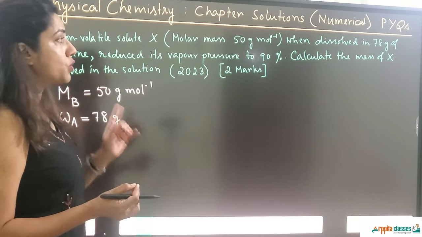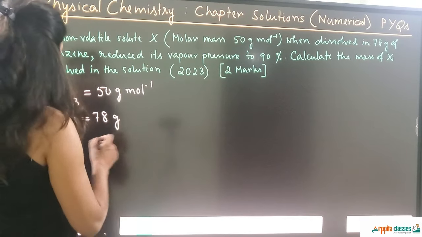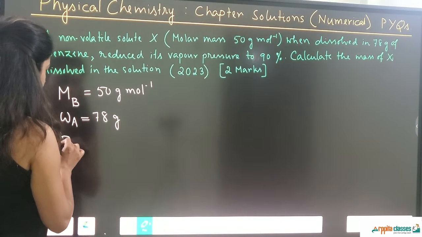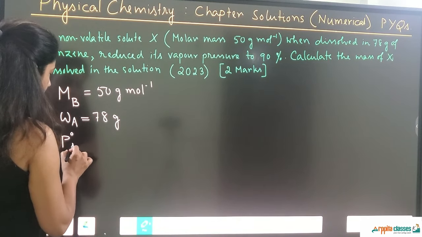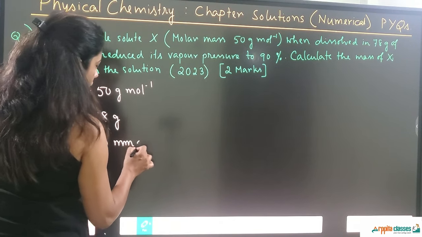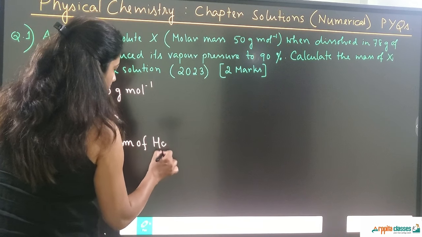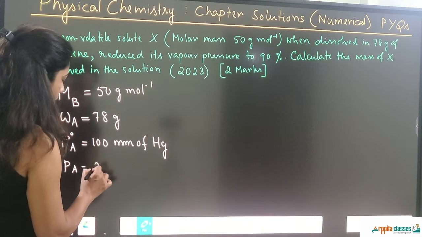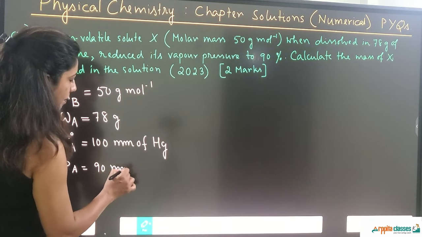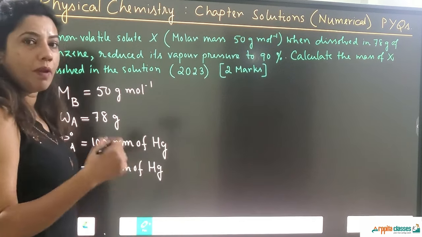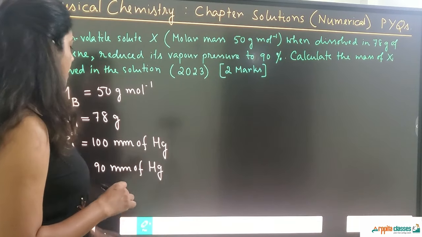So we write the vapor pressure of original benzene, P0A, which is 100 millimeter of Hg, and the vapor pressure of the solution, denoted by PA, which is 90 millimeter of Hg.